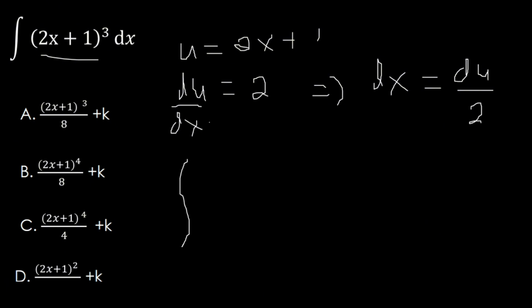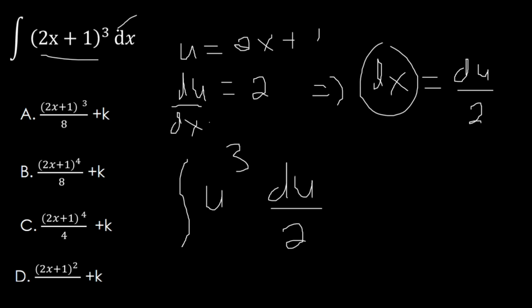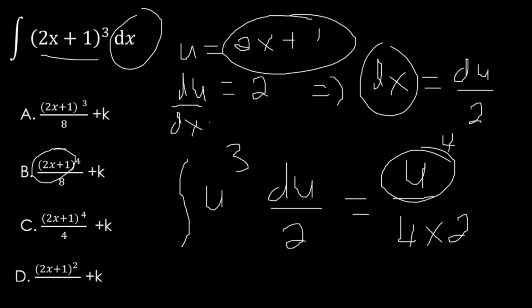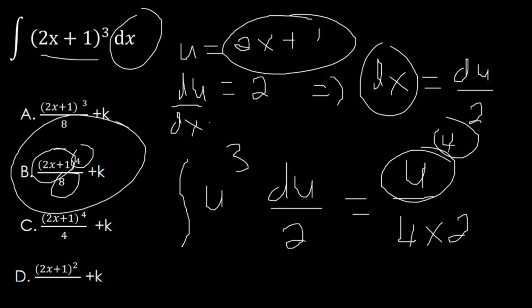Okay, therefore our integral will be the integral of u cubed du all over 2, because we substitute dx. That will be equal to what? u to the power 4 all over 4 times this 2, that is u to the power 4 over 8. And our u is equal to what? 2x plus 1. That is 2x plus 1 to the power 4 over 8. That is why we choose this as the answer.